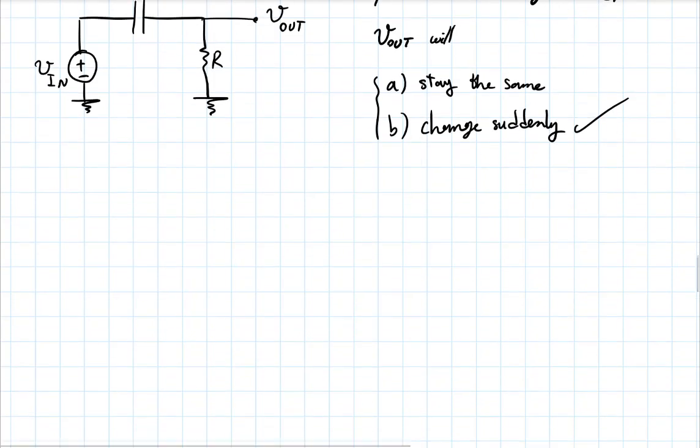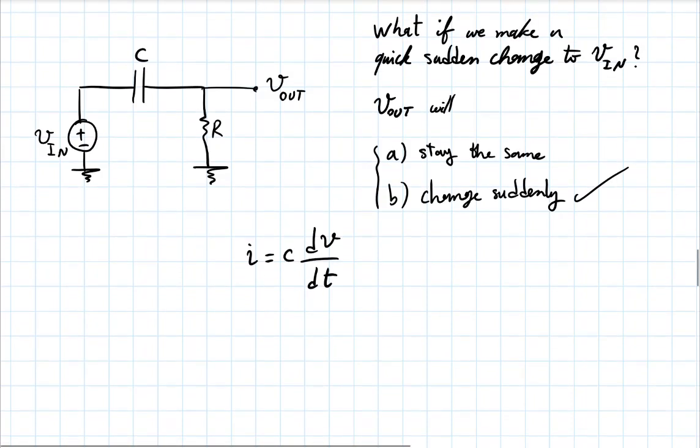Because why? The current is C dV by dt. A sudden change in the capacitor voltage, this is the voltage difference across the capacitor, will require an infinite current, right? Or a very large change in time, so a significant change over a short period of time will require an extremely high current, that this circuit will have a cap on because the voltage will be only so much and the resistor will allow so much current maximum.